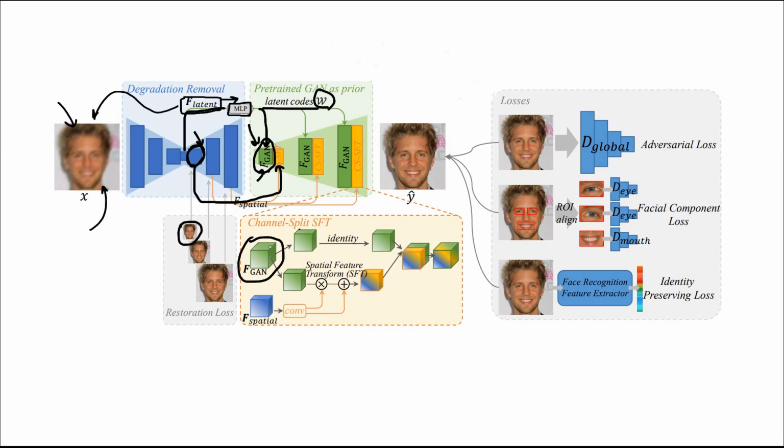We will split this feature map into two parts. Actually, this feature map has many channels. We will take some of them here, and we will take the others here.